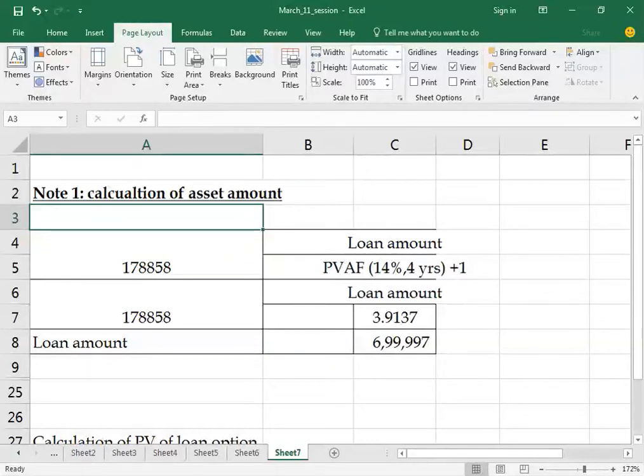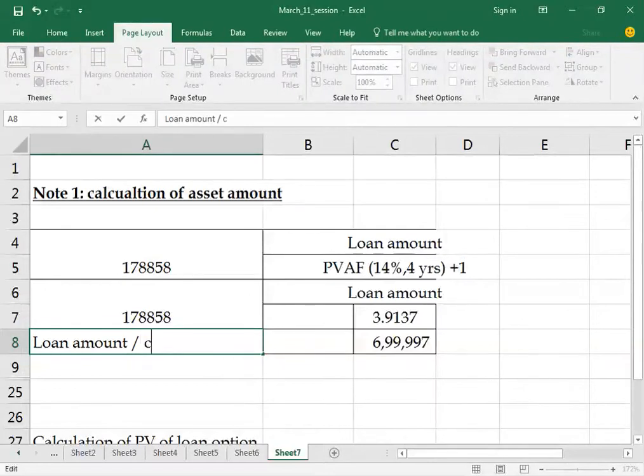The way in which they do it will be different, but net your answer will match. Just some rounding differences can be there. After calculating the loan amount, the other name for loan amount is cost of the asset.